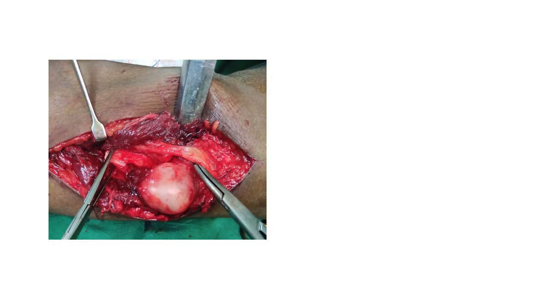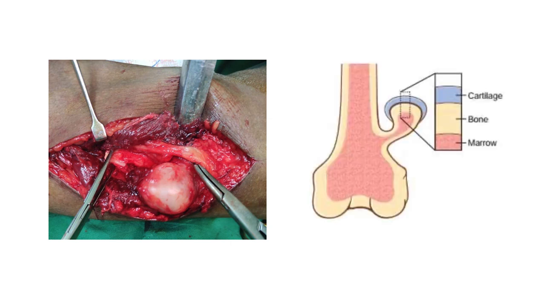This is an intraoperative picture of the osteochondroma of the fibula, which shows a glistening surface, which is the cartilage cap. And in this pictorial representation of osteochondroma, the blue colored structure is the cartilaginous cap, which is seen as the glistening surface in this intraoperative image.